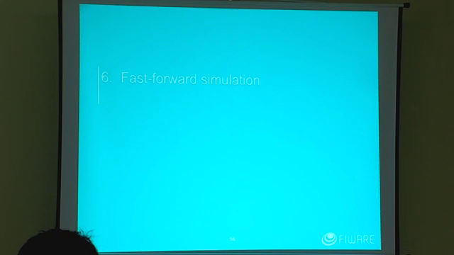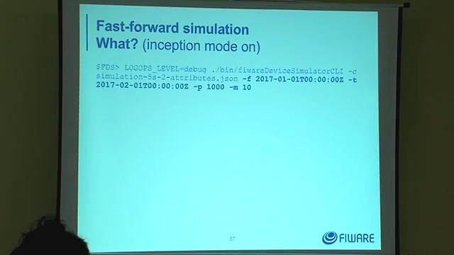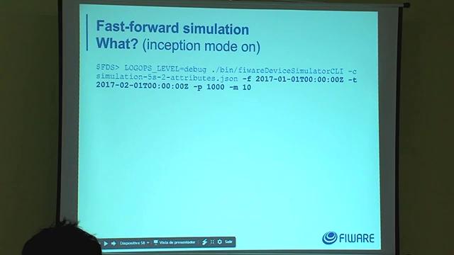So finally, we get to the fast forward mode. Once again, everything works just as we have seen, but the possibility to set a starting date and an ending date is all you have to do to get your data simulated. As I said, the simulator will decouple real and simulated time.